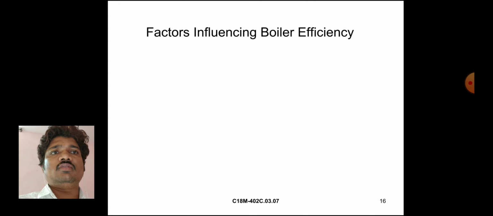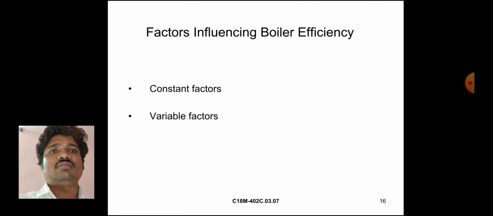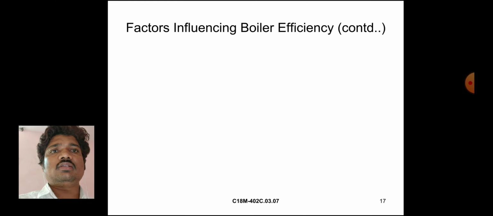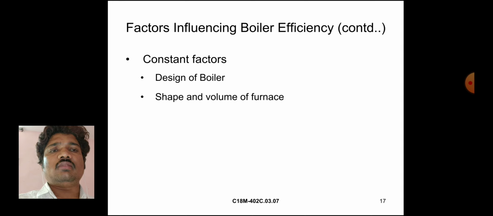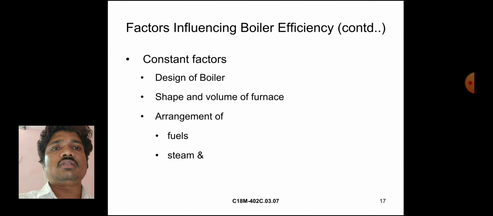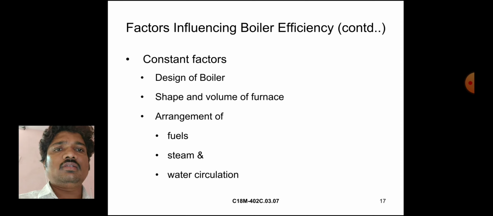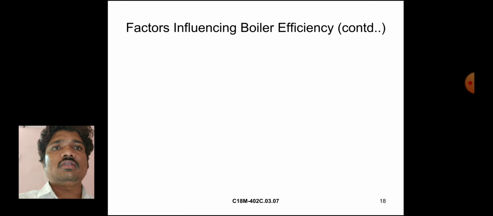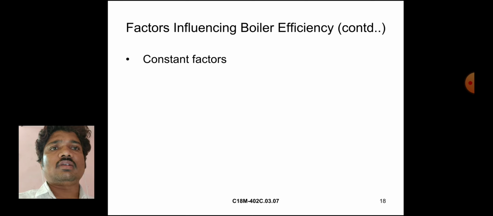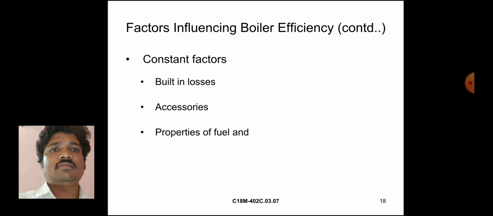Factors influencing boiler efficiency: constant factors and variable factors. Constant factors: design of boiler, shape and volume of boiler, furnace, arrangement of fuels, steam and water circulation, built-in losses, accessories, properties of fuels and rate of firing.